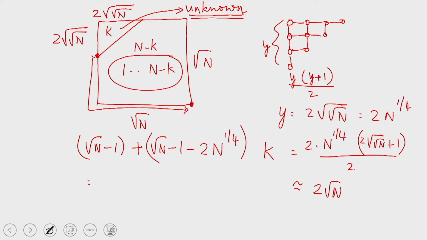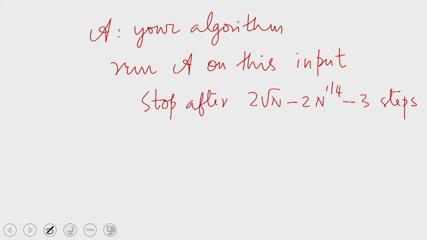So, this is 2 root n minus 2 n^(1/4) minus 2. The step number that I have chosen for stopping your algorithm is 1 less than this. So, I have stopped your algorithm on this input after running it for 2 root n minus 2 n^(1/4) minus 3 steps.